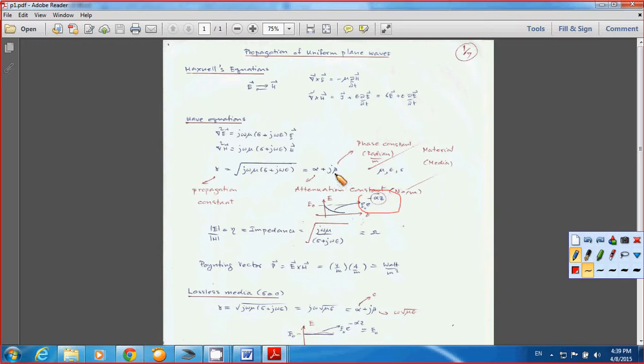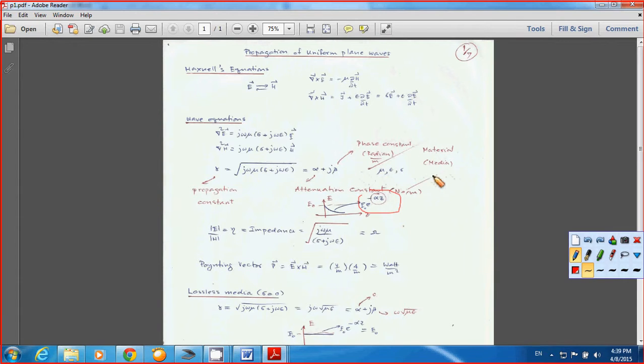And the imaginary part of gamma, beta, tells you about the phase constant, in the unit of radians per meter. Okay, and then I will show you an example to explain this one.